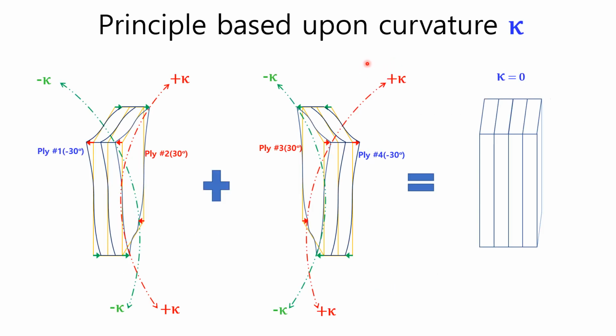If you watch the previous videos, you can easily understand upcoming videos. In the previous video, E38, I explained the principle to make in-plane and out-of-plane coupling stiffness elements equal to 0 based upon the sequence order of laminate plies.